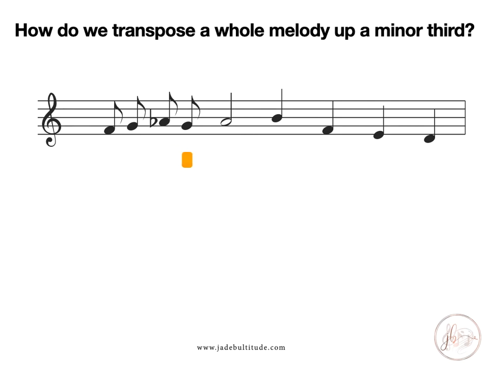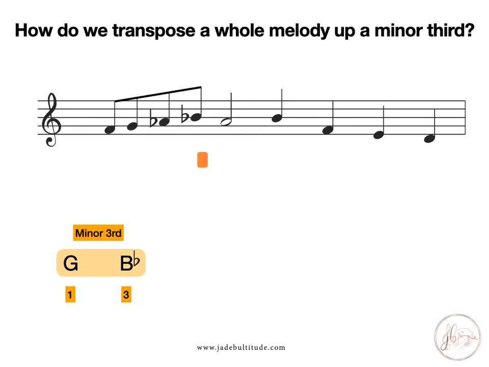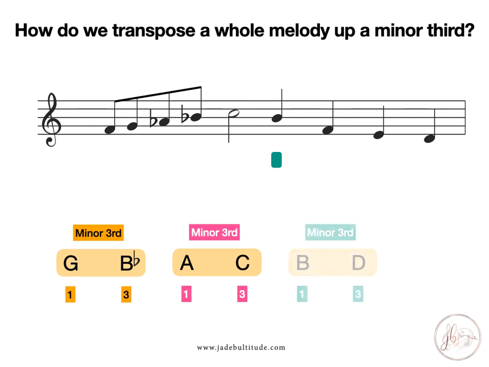Our next note is a G, so a minor third above G is B flat. Then we have an A, and a minor third above A is C natural. Then we have a B, and a minor third above B is D natural.